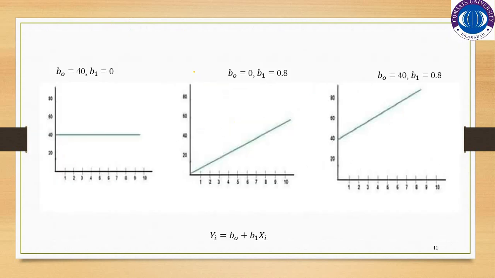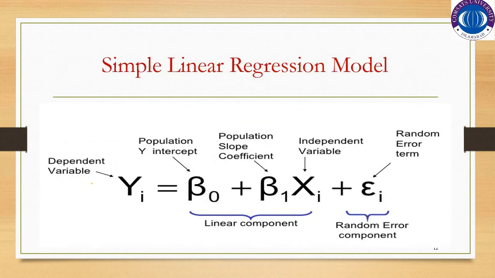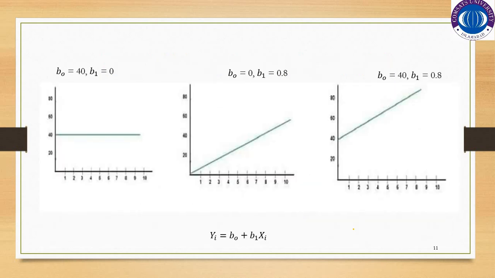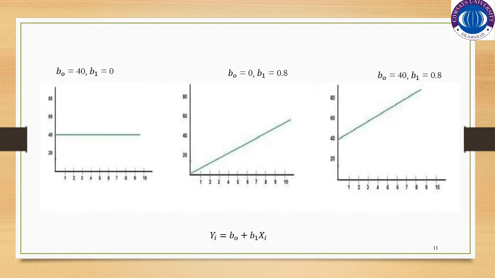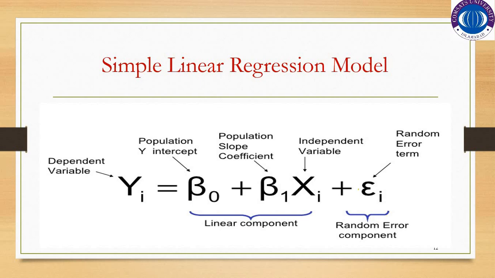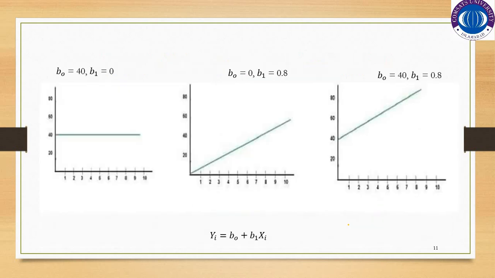So basically we introduce the error term. So this is the dependent variable, this is the population y-intercept, and this is the population slope coefficient. This is the independent variable. All this is the linear component, and this one is the random error component. These are the errors, the differences between the line and the data points, and all these differences are in this random component.